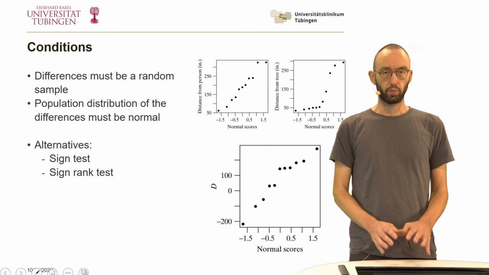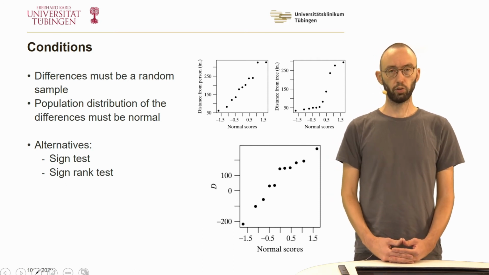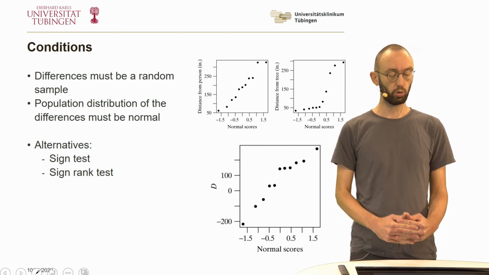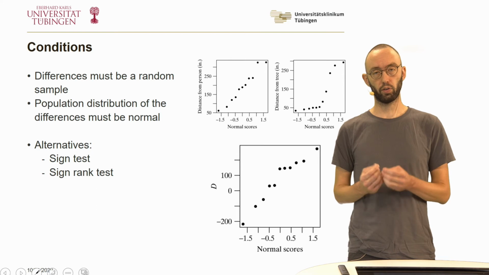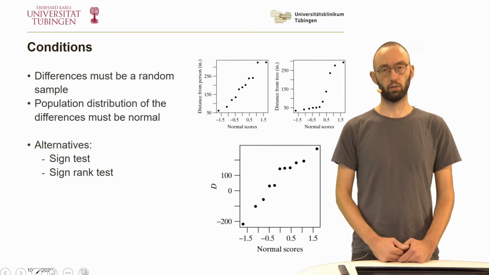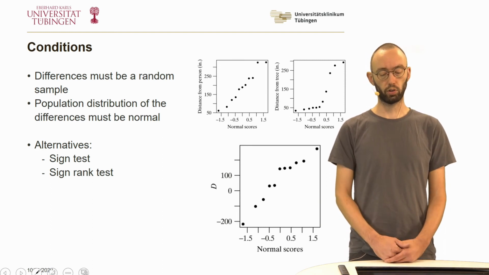To reiterate, what are the conditions of the test? The differences must be a random sample, and the population distribution of the differences must be normal. So this we tested. We looked at the QQ plot of the differences and asserted it follows a normal distribution at least reasonably.